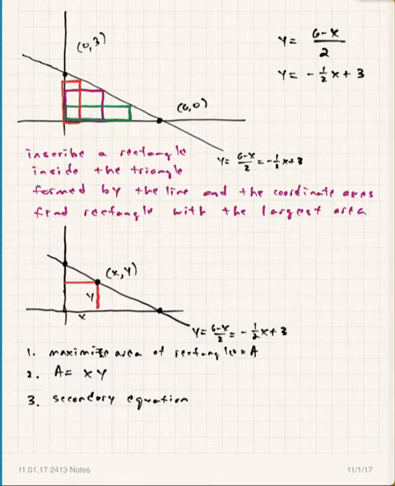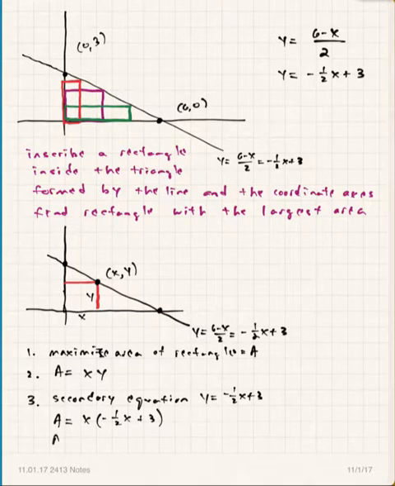So we know that y is equal to -1/2 x plus 3. That equation allows us to take our function A equals xy and write it as A equals x times -1/2 x plus 3. And sure enough, we have a function of just one variable. So it's -1/2 x squared plus 3x.